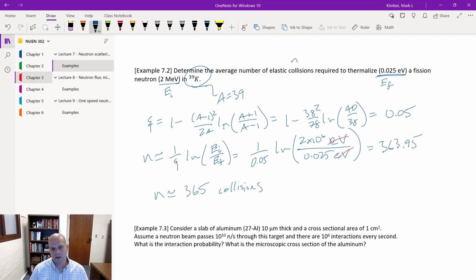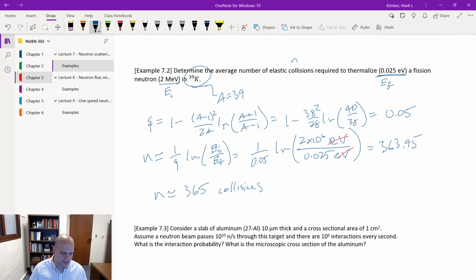And in a real situation, we're never dealing with one neutron and one target. We're dealing with 10 to the 20 or 10 to the 15, or this huge amount of neutrons and huge amount of target nuclei in the solid.